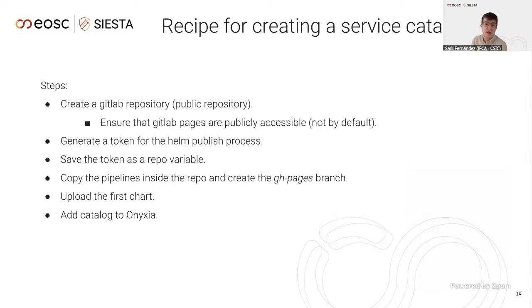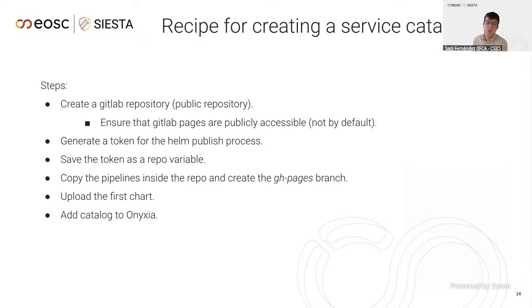So let's now check how to create a service catalog in a GitLab repository. Those are the steps. We first need to create a GitLab repository. It needs to be a public repository, and we have to ensure that the GitLab pages are publicly accessible from the outside. This is an option that is not enabled by default, at least on the Siesta GitLab. Then we will have to generate a token for it to publish the charts once built.